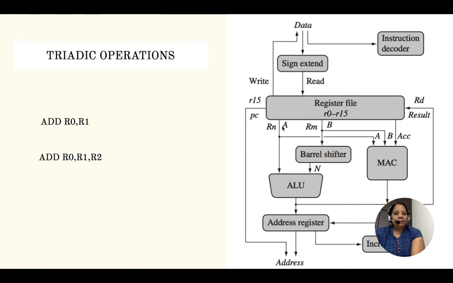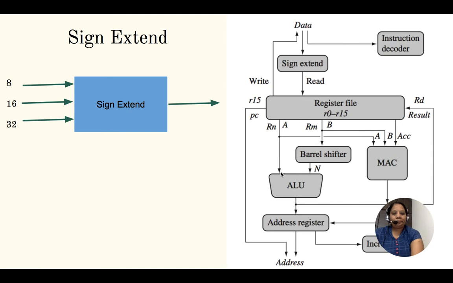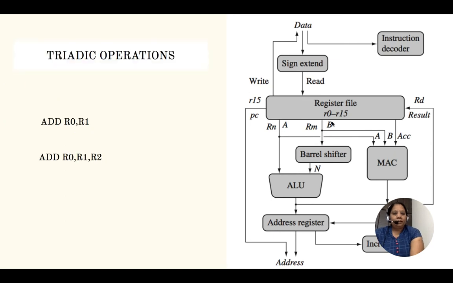So how that happens is, the content from R1 register will come into the ALU through the A bus. The content from R2 register will come into the ALU through the B bus, and both will be added, and the result will go through the result bus and will be stored back in R0.